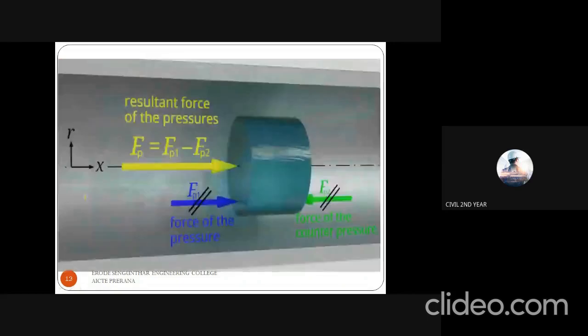So let us consider the pressure force P into pi r square for the first one. Then minus, because the pressure will act in the opposite direction to the flow, so we consider it negative: P plus dou P by dou x into del x, into pi r square.